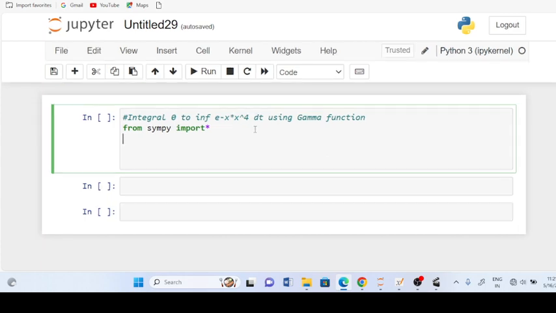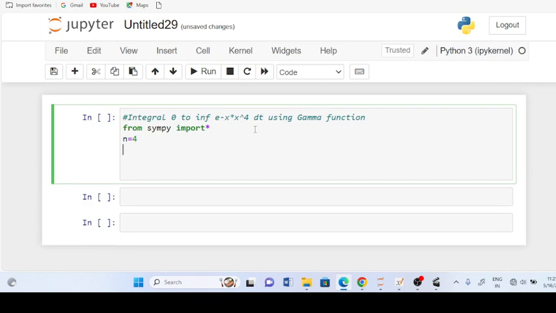So we call the header file, sympy import star. So here n is 4. So g is nothing but we are using the gamma function, gamma of n. So here we know the value of n equal to 4.